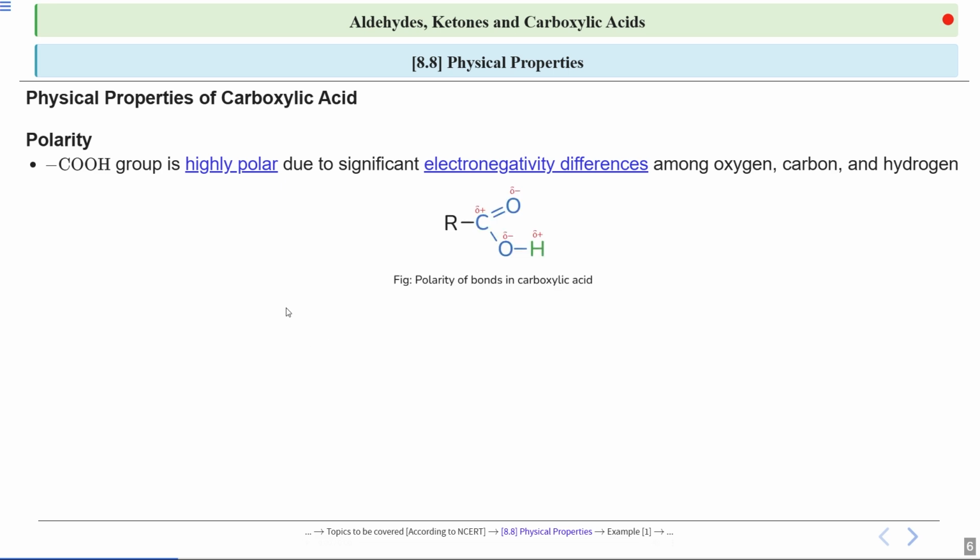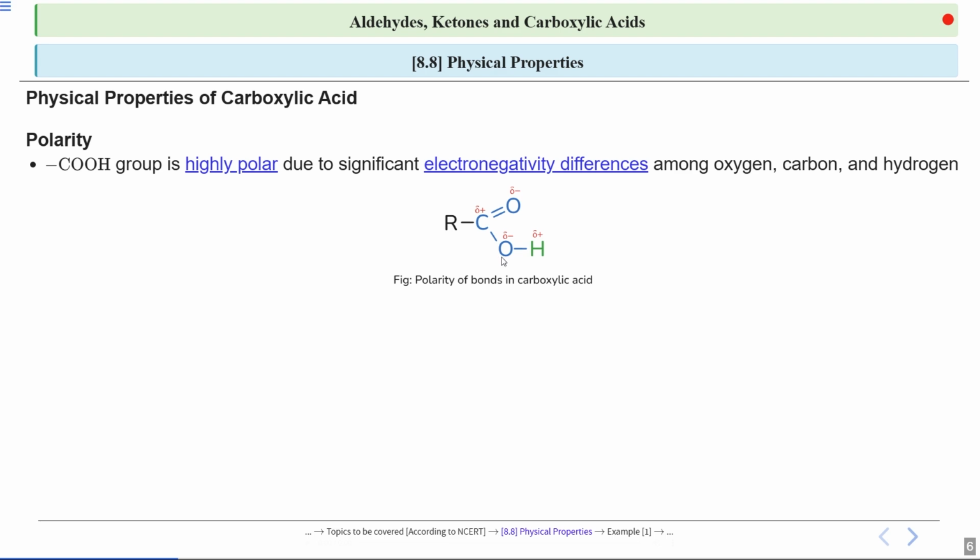Now if we look at this particular structure of polarity of bonds in carboxylic acid, notice the arrangement of the atoms, okay, and see how the electronegativity difference contributes to the overall polarity. So if you see this COOH group, we can see that the oxygen is becoming partial negative. Why? Because oxygen has higher electronegativity, so it can take the shared pair of electrons.